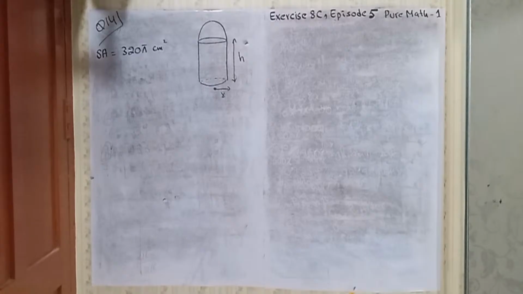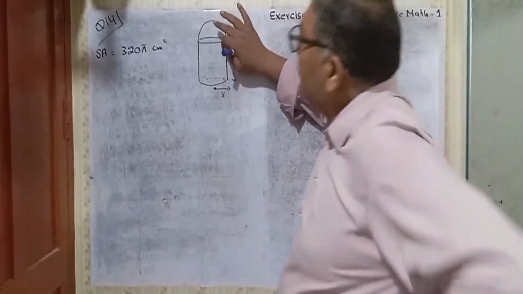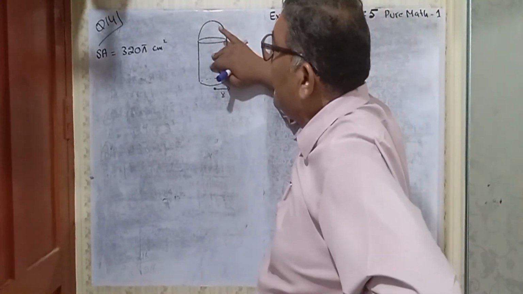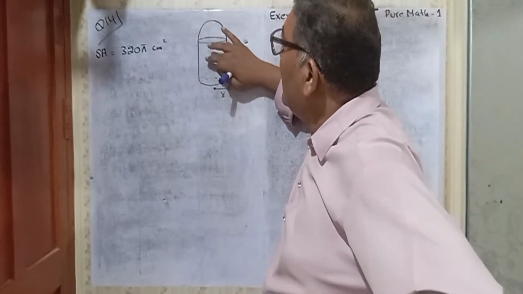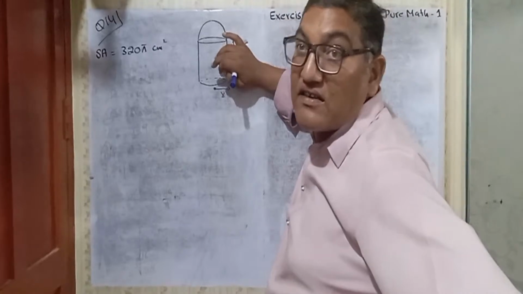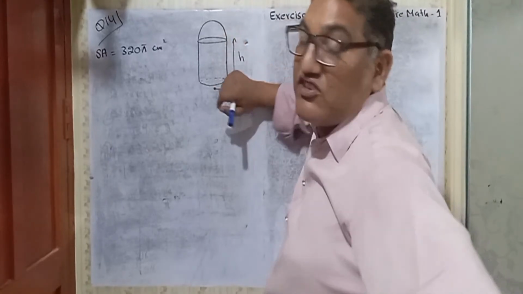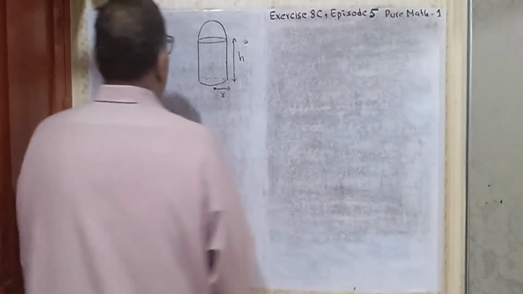Very simple. There are two solids basically here: one is the hemisphere and the other one is the cylinder. The curved surface of the hemisphere is exposed. The walls of the cylinder are exposed and the bottom is exposed. The top of the cylinder is not exposed.